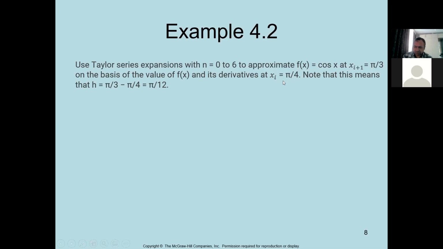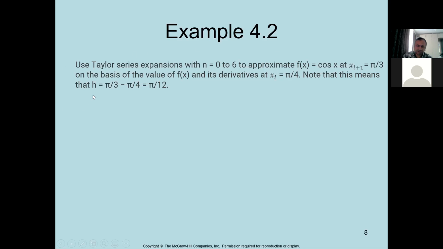So what is the main idea in this problem? Just like in the previous case, where the value of the function at x equal to 0 was given and we had to find the value at x equal to 1, in this case the value of the function at x equal to pi by 4 is known. Then find the value at x equal to pi by 3.